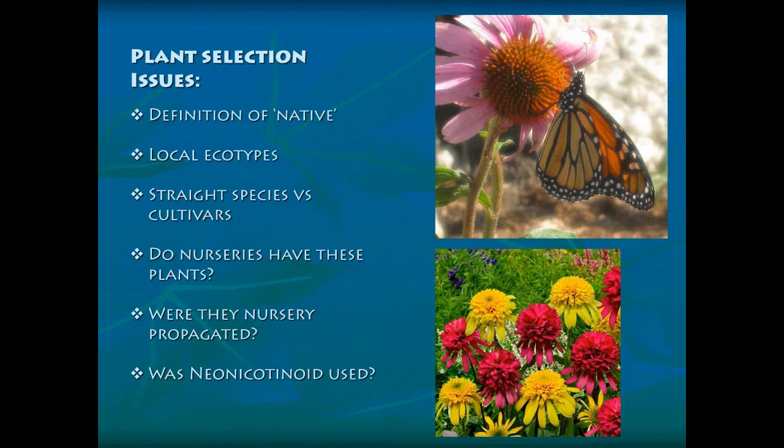And so these are some of the issues around plant selection in the whole native plants, pollinator plants world today that we should consider. There are no real answers, but these are things that are being considered. One is, what is the definition of native?